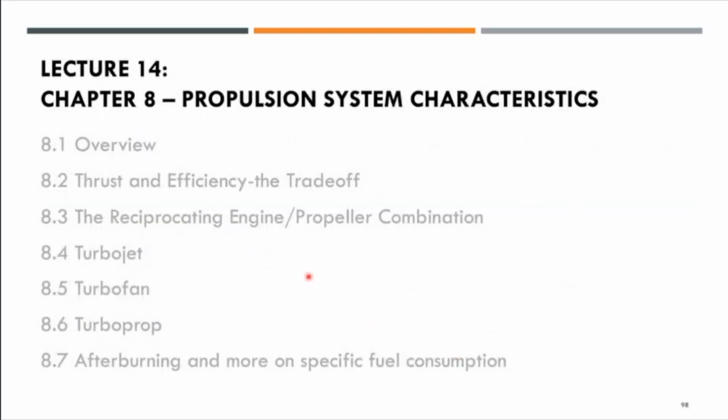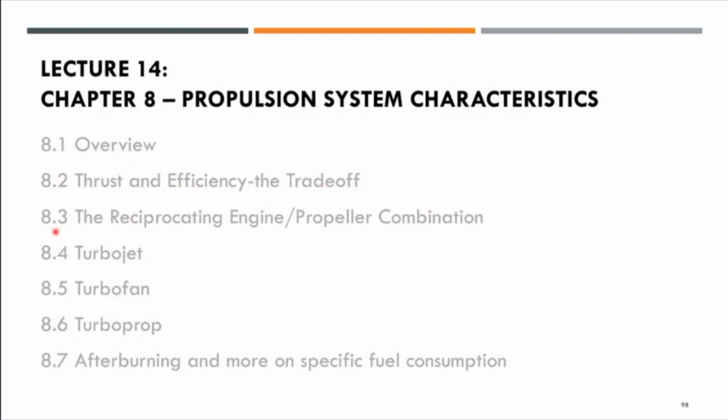Okay, so basically we have already covered, over the last 15 minutes, the reciprocating engine propeller combination, and earlier before the break we looked at the overview and thrust efficiency, the trade-off for today's session.